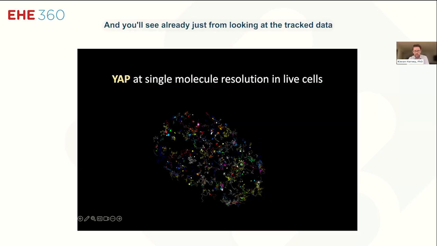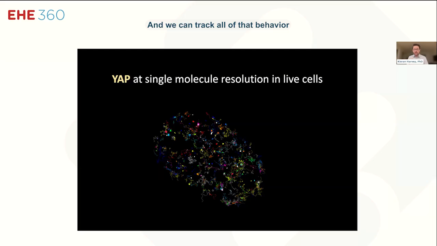And you'll see already, just from looking at the tracked data, that you see some little spots where the protein seems to be very immobile. That's when it's binding DNA. And then you'll see other traces where you can see the protein randomly moving throughout the nucleus. So two broad types of behavior, mobile and immobile.